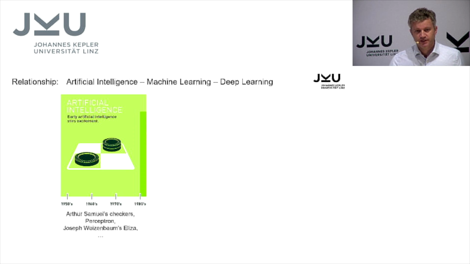Artificial intelligence is already an older discipline. It dates back to the 1950s. Arthur Samuel had already IBM PCs playing checkers against each other. The perceptron was invented there. Joseph Weizenbaum had an early kind of chat bot. And so these were early artificial intelligence that stirred some excitement throughout the decades.